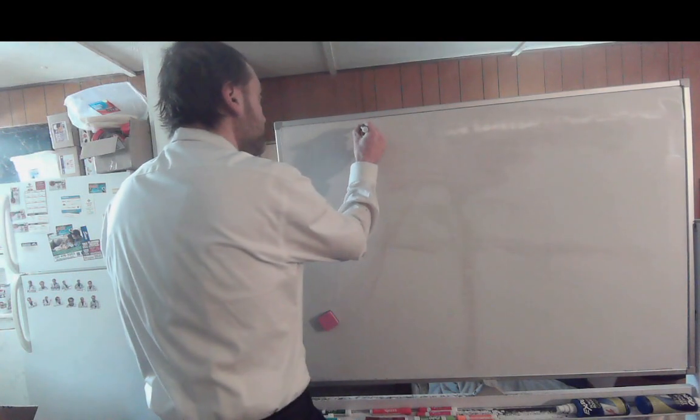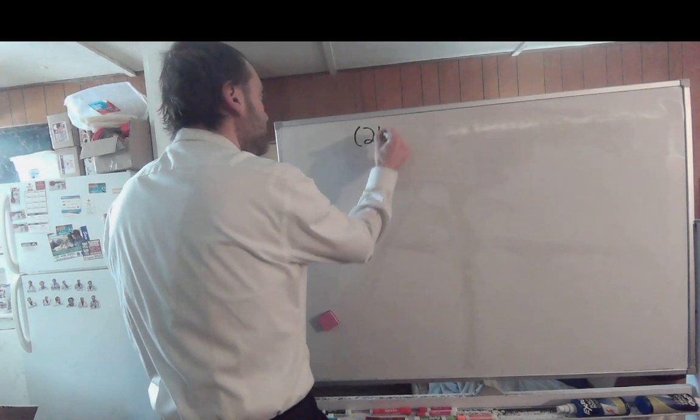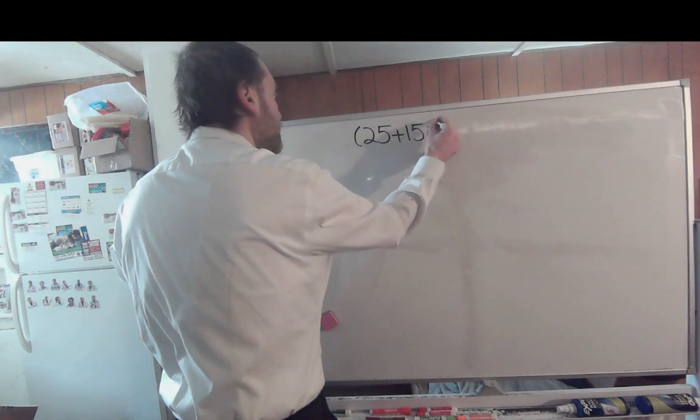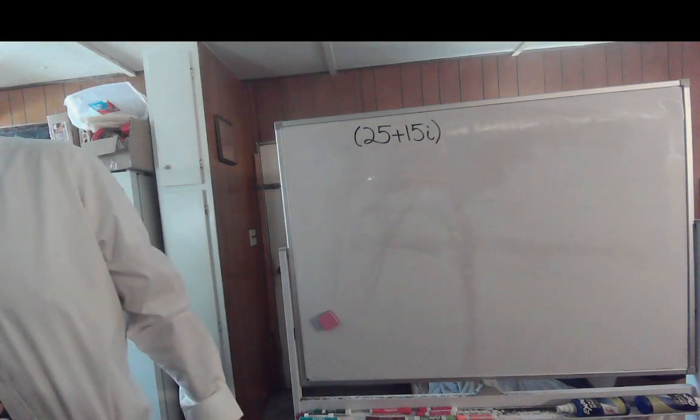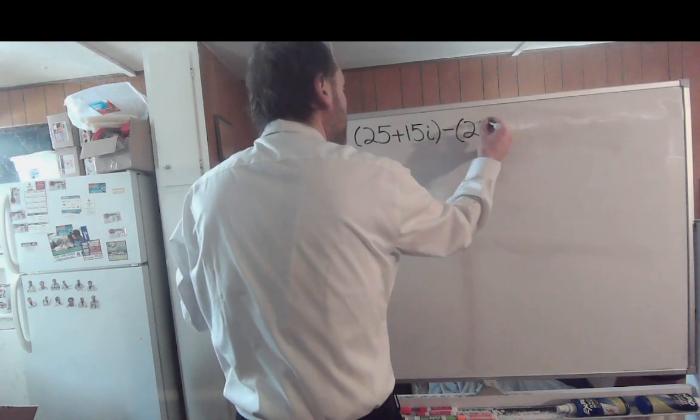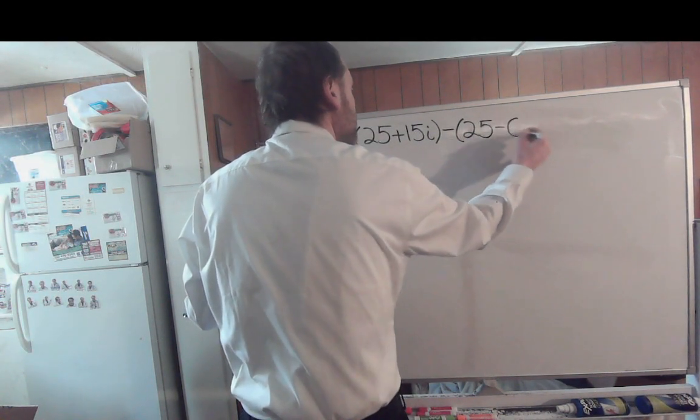All right, let's see. You have 25 plus 15i minus 25 minus 6i.